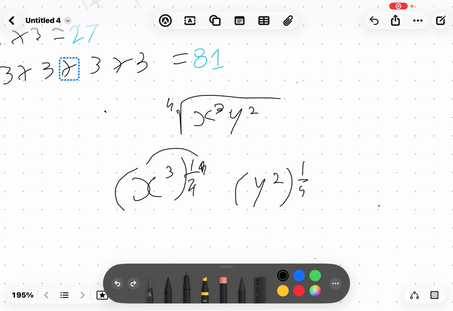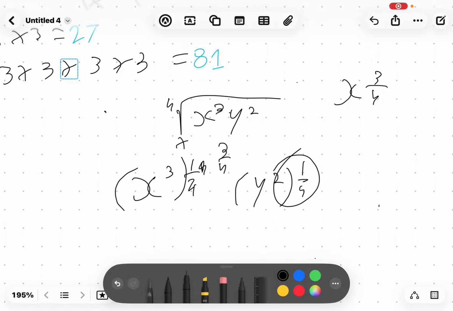When you times them, you usually do a plus, but in this case you just times it. So this is 3 over 4, so x to the 3 over 4. This is y to the 2 over 4, so y to the 1 over 2, same thing.